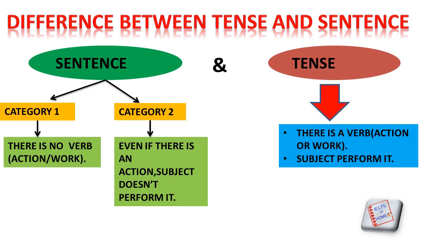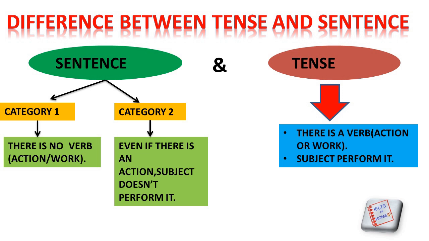Let me clear you all the difference between tense and sentence. In tense, on the right side you can see on your screen, there is a verb, action or work, and subject performs it. Subject performs the verb, action or work. For example, I love my parents.